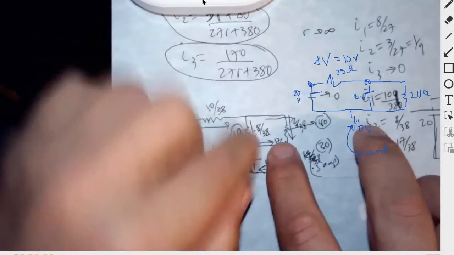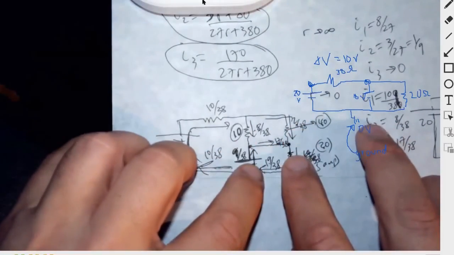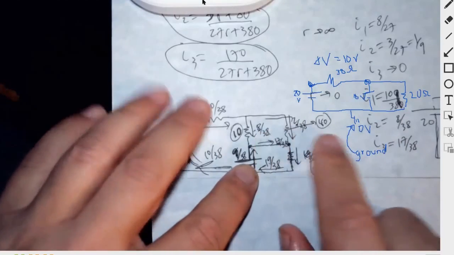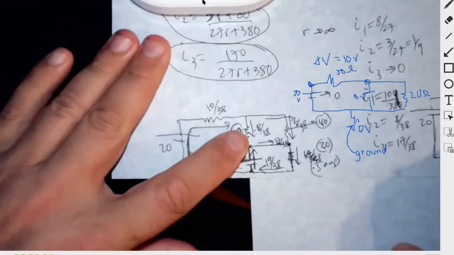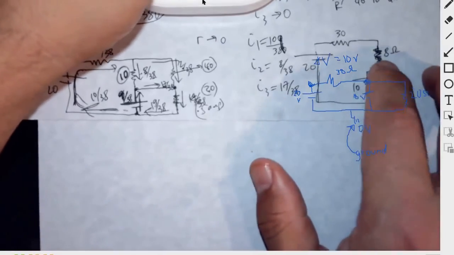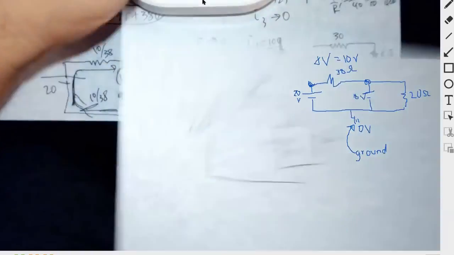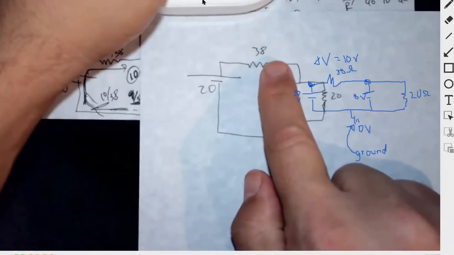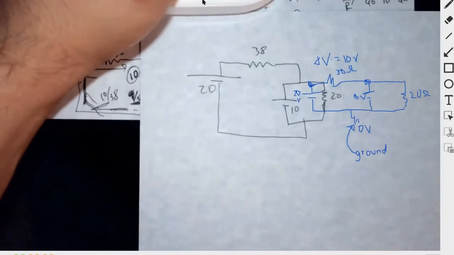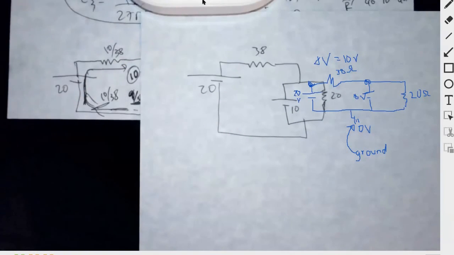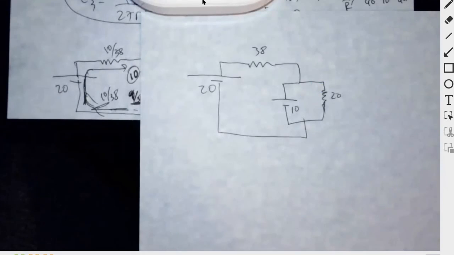When this R is 0, these two are parallel and these two are parallel. Forget about the current there. And then these two are parallel, you get the 8. And then the 8 and the 30 is 38. Then it reduces to this. And then you can make the arguments that Daniel is making and go from there. With my technique, you don't really have to worry about that so much.